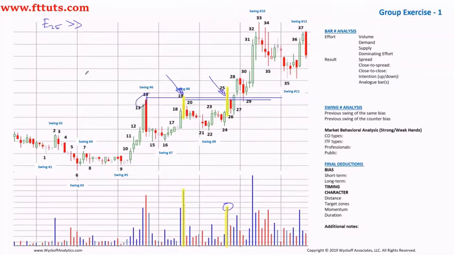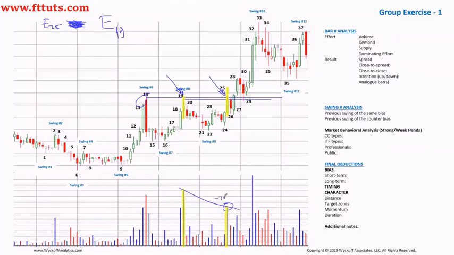Okay, great. So effort at bar number 25 compared to the effort at bar number 19 has done what? Slightly lower. I would say somewhat significantly lower, maybe by 30% or so.